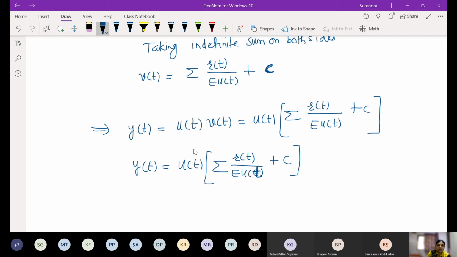That is my required solution of the non-homogeneous equation 3.1. Is that okay? And we have proved theorem 3.1. Is that okay? Yes, ma'am.